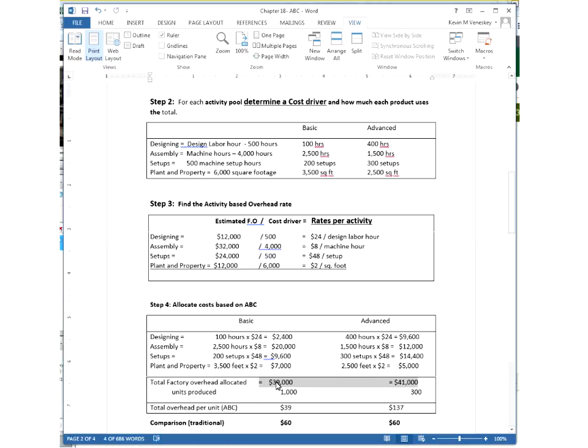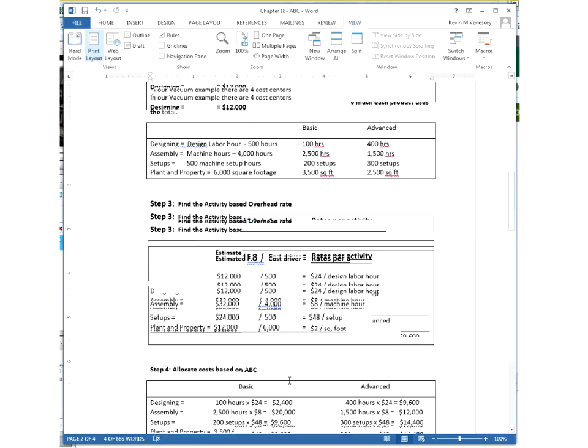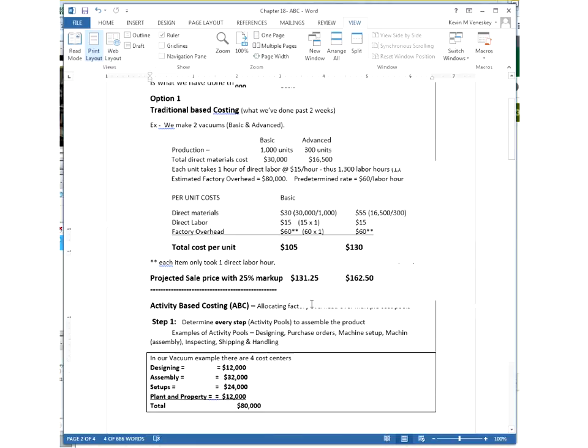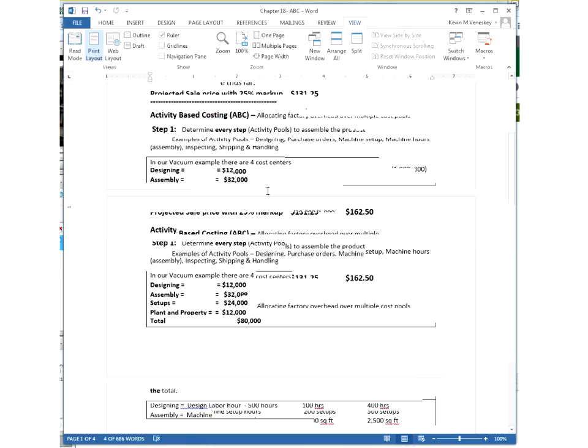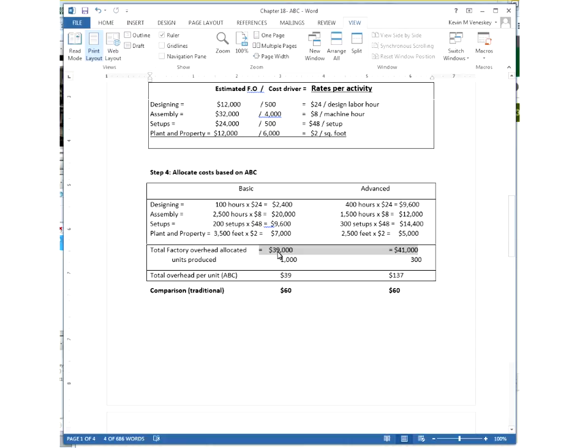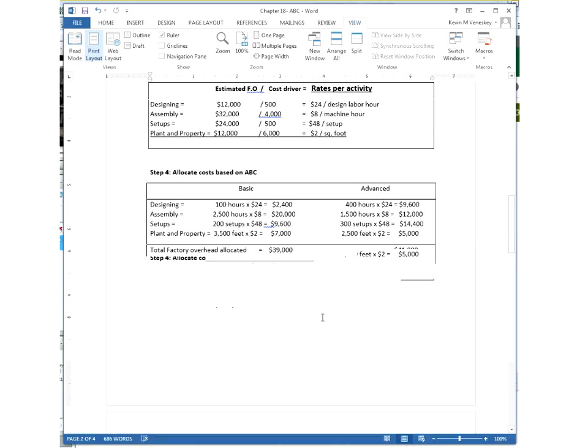Then I need to simply take this $39,000 that should have been allocated to the factory overhead, where, remember up here, it was basically even, $40,000 apiece. What I need to do is take the $39,000 for the basic and divide that by the 1,000 units that we make. So for every item we should be charged $39 for factory overhead.